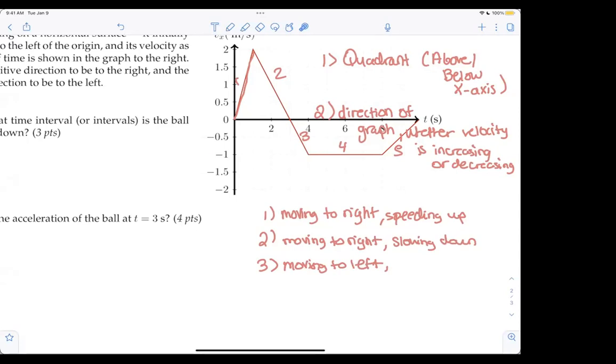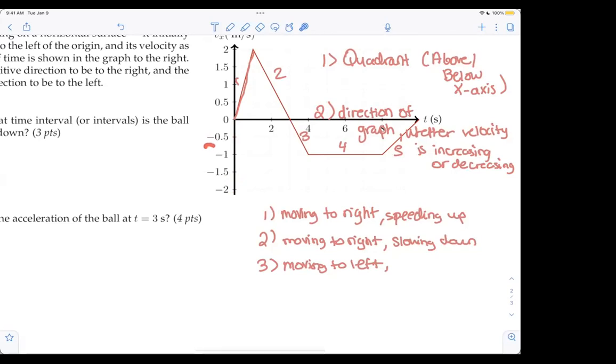So once again, forget the negative signs here because the negative is just an indication of direction. You would think that, oh, I'm moving downward, so velocity must be decreasing, right? That's incorrect. What you have to do is take the absolute value of each of these values and think about the velocity in that way.